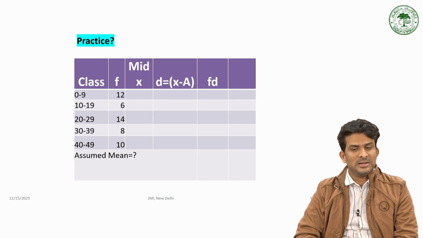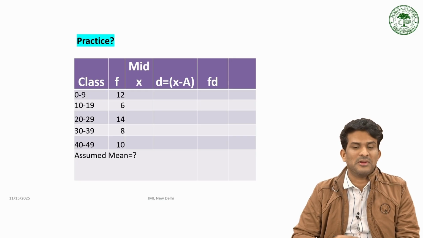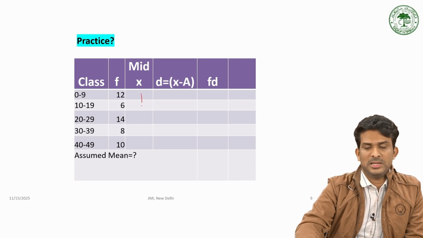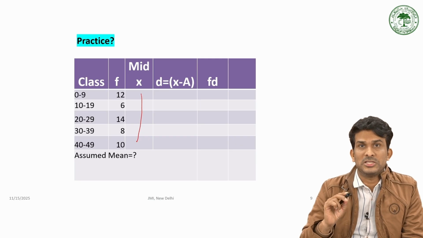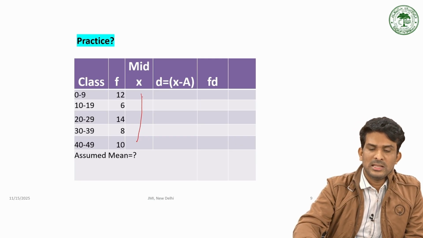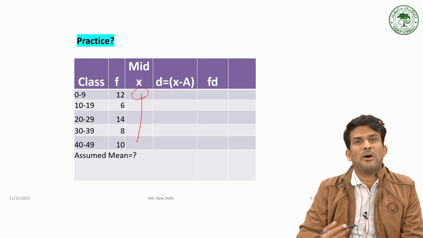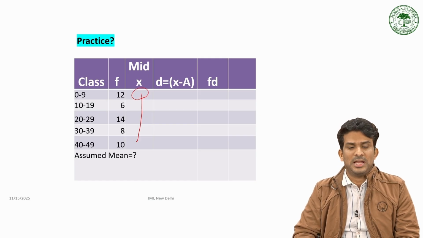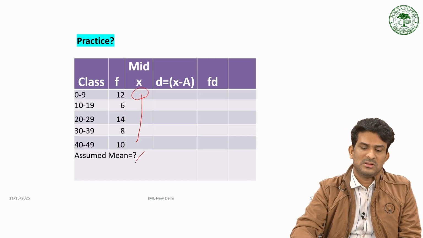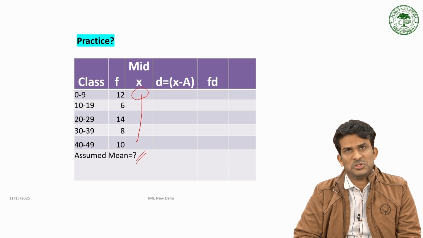It is an inclusive distribution. Frequency is also given. Find the midpoints. Here I give you a challenge: take the first midpoint as the assumed mean.